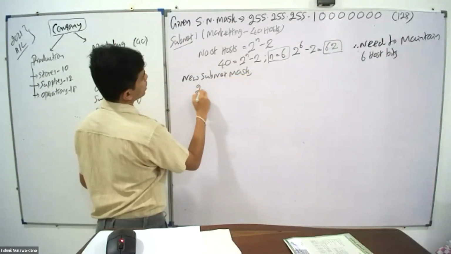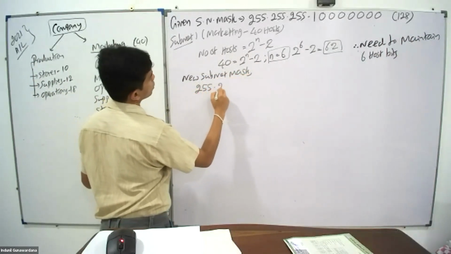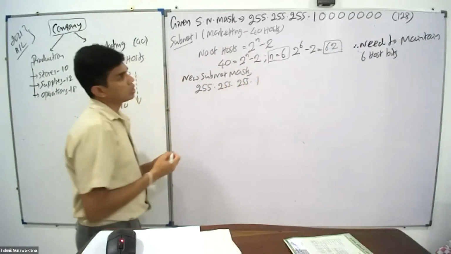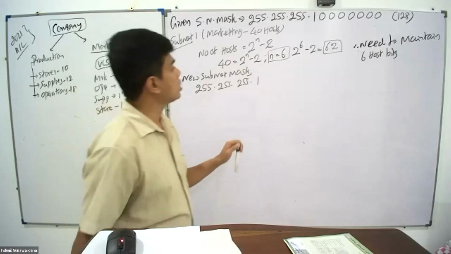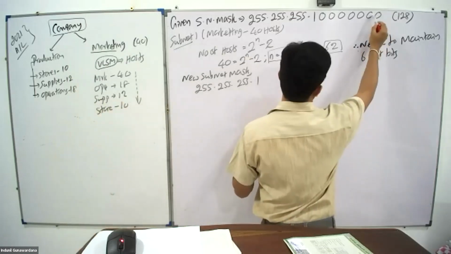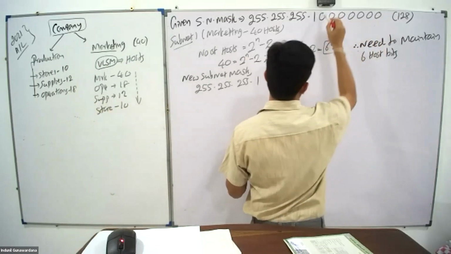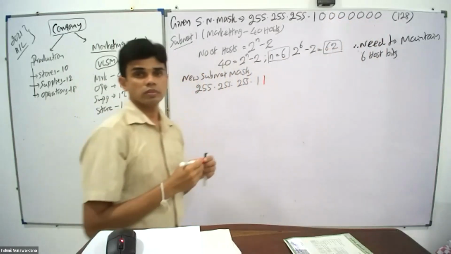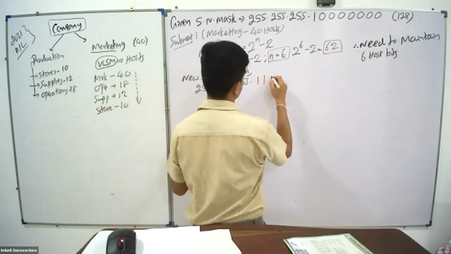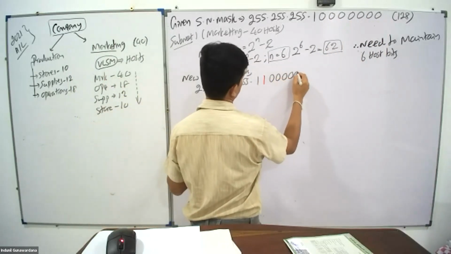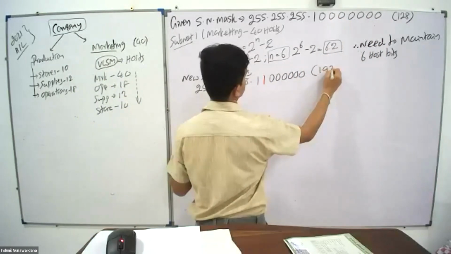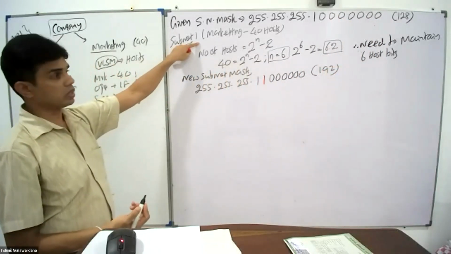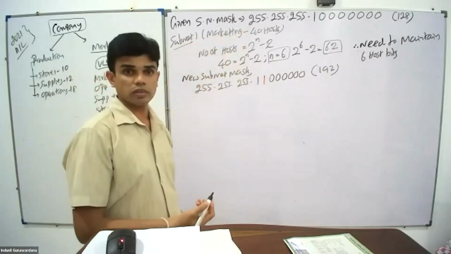That's going to be 255.255.255.1 followed by 6 zeros, 1, 2, 3, 4, 5, 6. I make only one subnet bit at the moment, and the others are 6 host bits. In decimal, it's going to be 192. So this is the subnet mask for the marketing department, since I need 40 hosts to be accommodated.